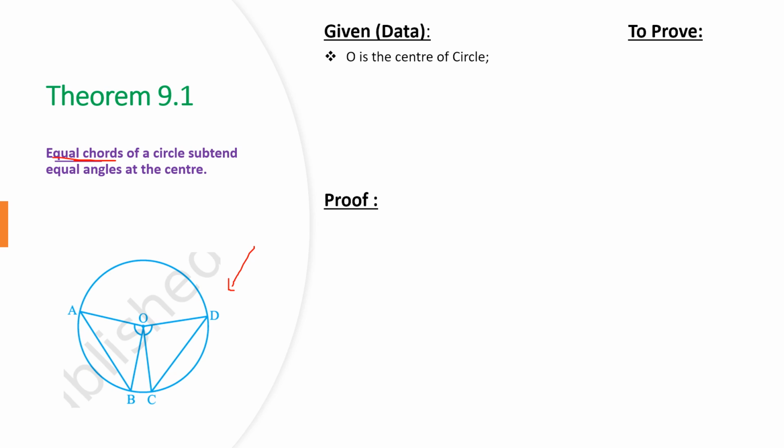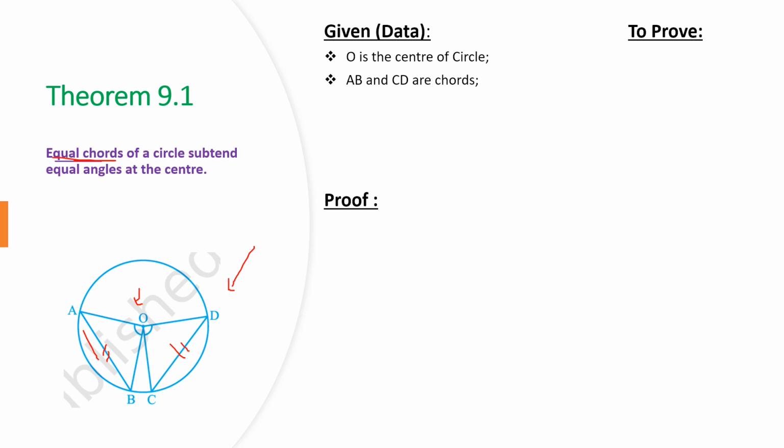Before that, let's talk about the basic parts of this circle, which I'm going to use. What is the center of the circle? Next, AB and CD are chords, this part and this part.